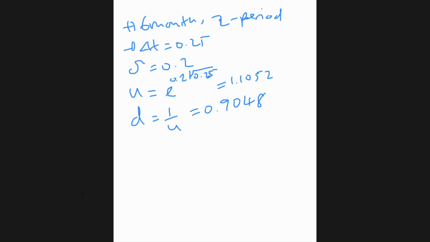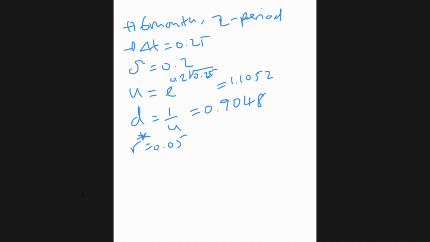So what else do we know? Maybe what we need first of all is R. In this case it is now R star, because it is subject to dividend, the adjusted R. The nominal risk-free rate is 0.05, which is 5%.